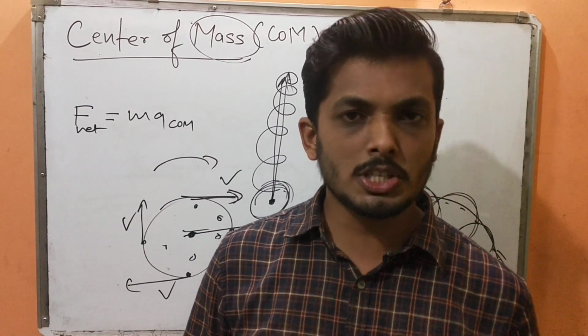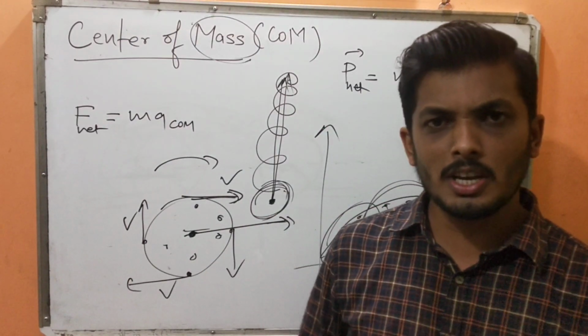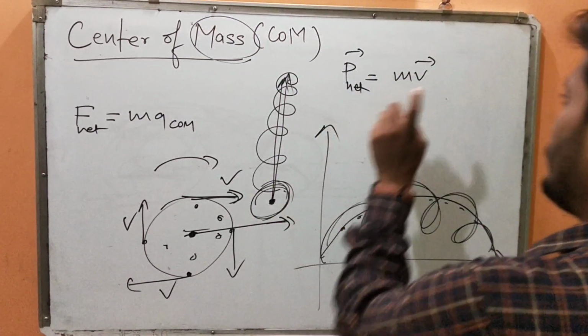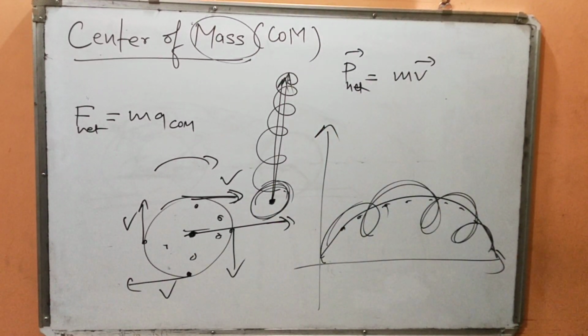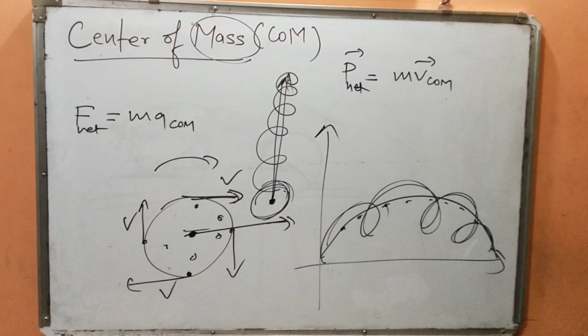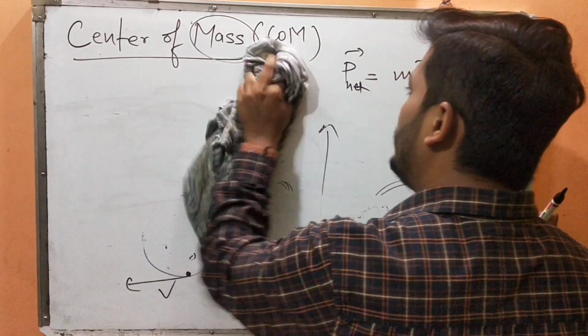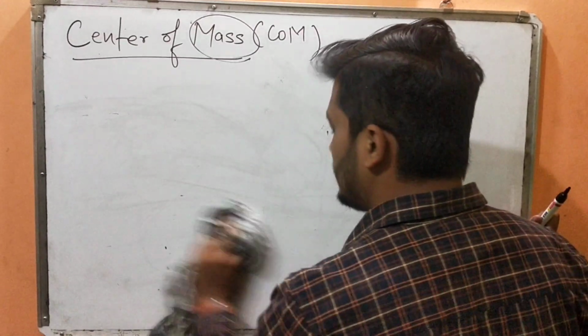But since it's a rotational motion, every particle will travel with different velocity and different acceleration. Then which velocity are you considering? So this velocity is nothing but the center of mass velocity. Are you able to understand what exactly is center of mass? Please try to feel the concept. What exactly is center of mass?